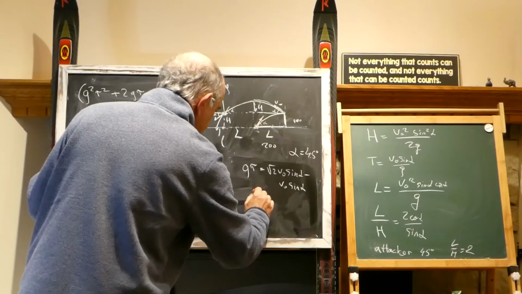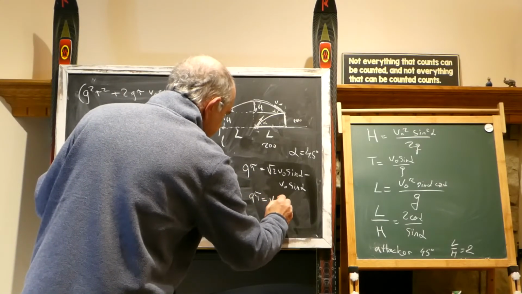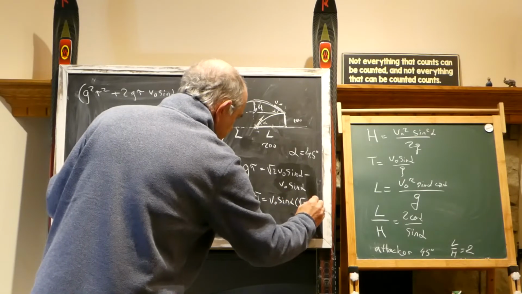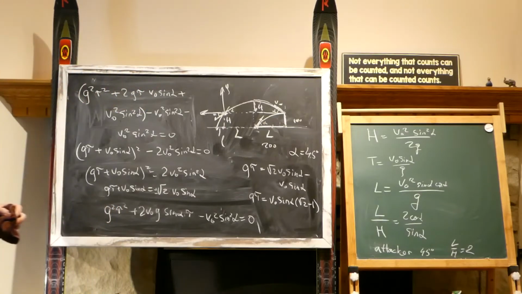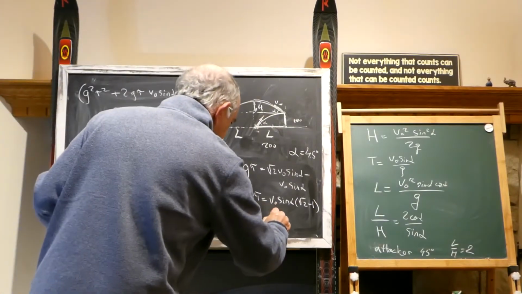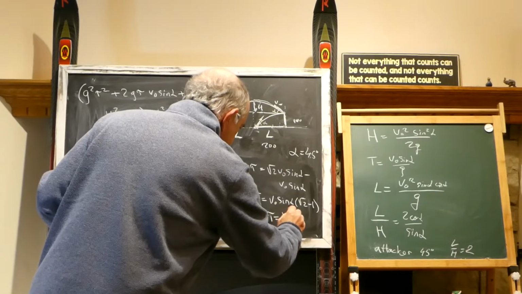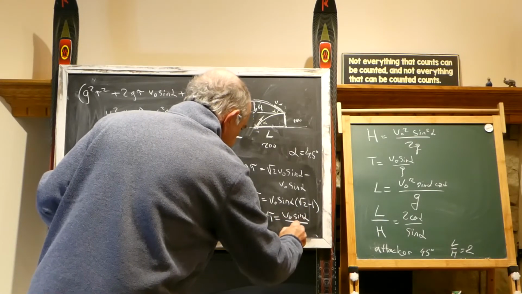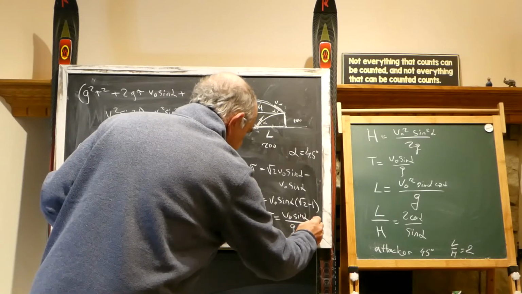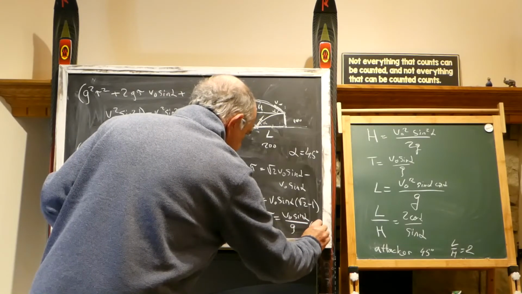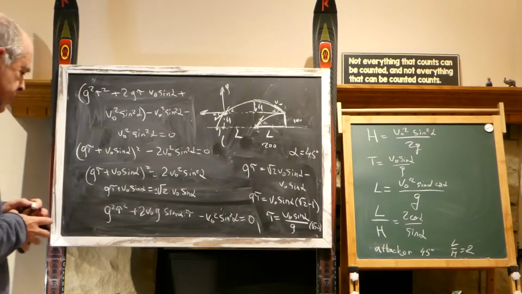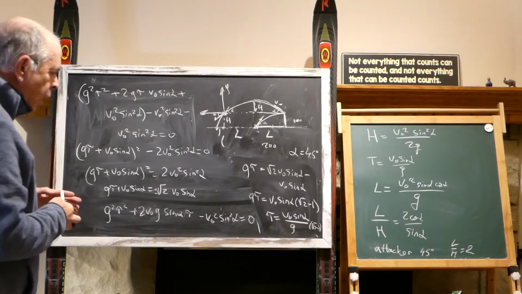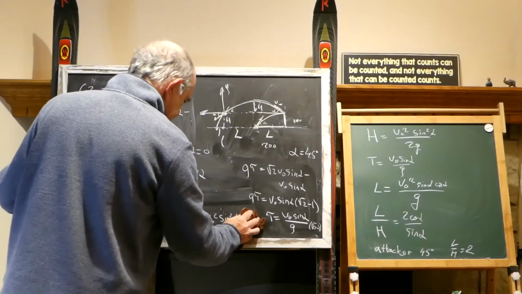So I have g tau equals v0 sine alpha times the square root of 2 minus 1. Isn't that great? And I have tau equals v0 sine alpha divided by g, times the square root of 2 minus 1. So I receive the time, and this is my tau.